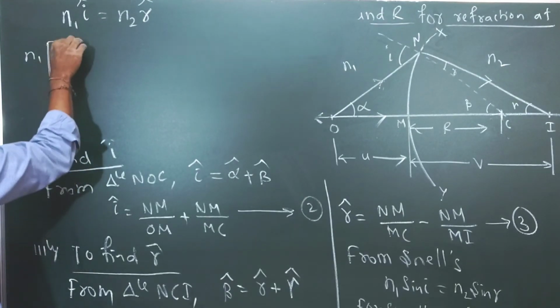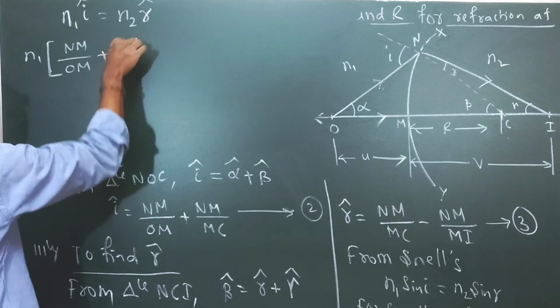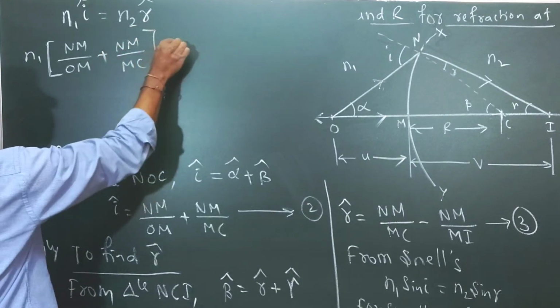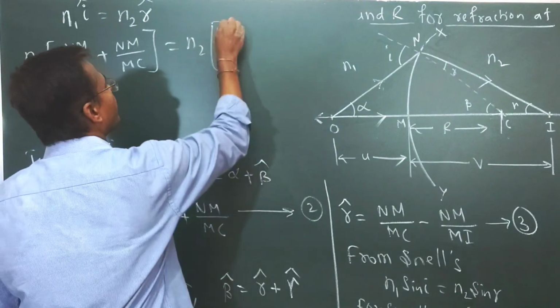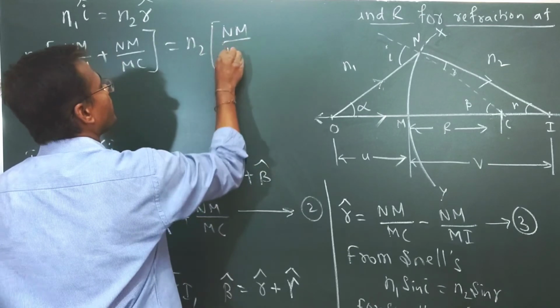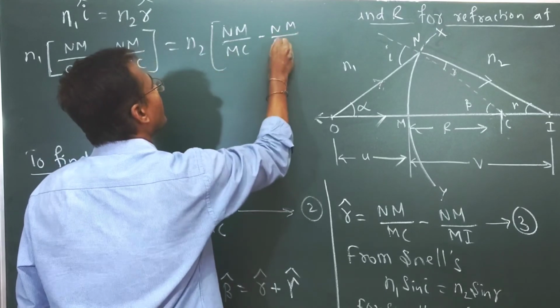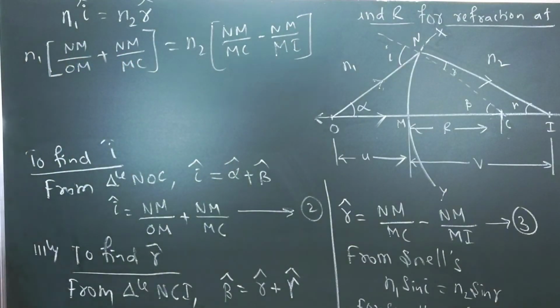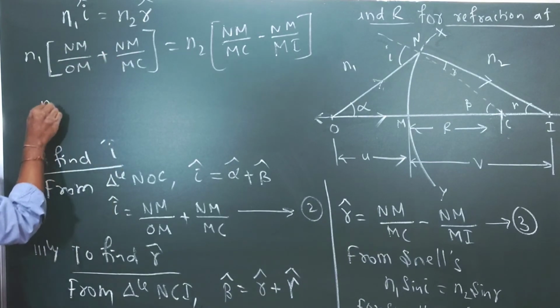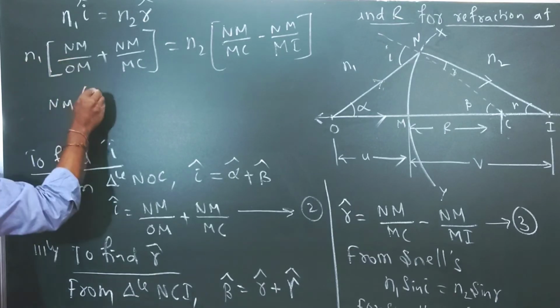So that is N1 times NM divided by OM plus NM by MC, equals N2 times NM by MC minus NM by MI. NM is common, so I take NM outside and N1 inside.